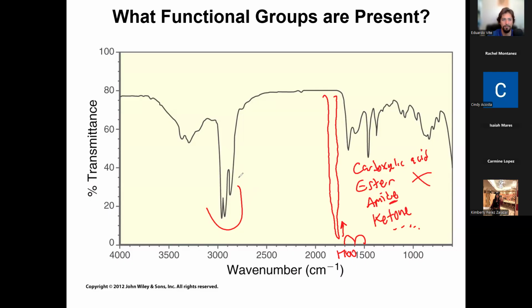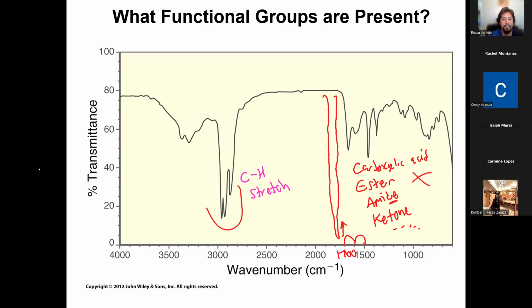We always see this, right? This is our CH stretch. So again, everything has CH stretches. I kind of see a few more signals. So for now, I'm going to ignore it and move on to the next one.